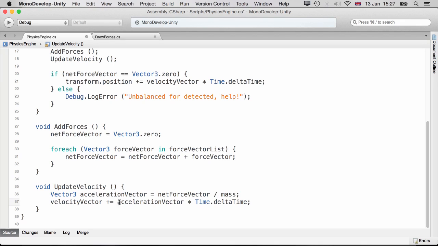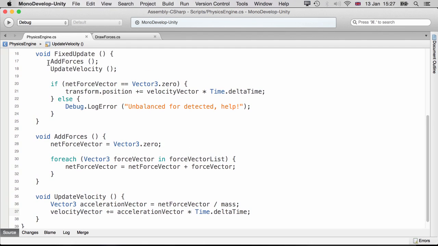Because the amount that the current acceleration changes the velocity depends on how long it acts for. Obviously, the longer you accelerate for, the more increase in velocity. So the velocity vector equals the velocity vector plus acceleration vector times Time.deltaTime. I hope that makes sense for you.